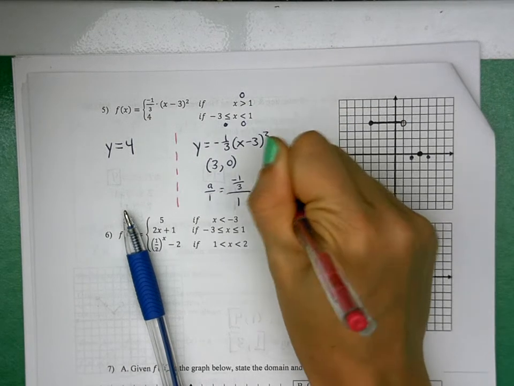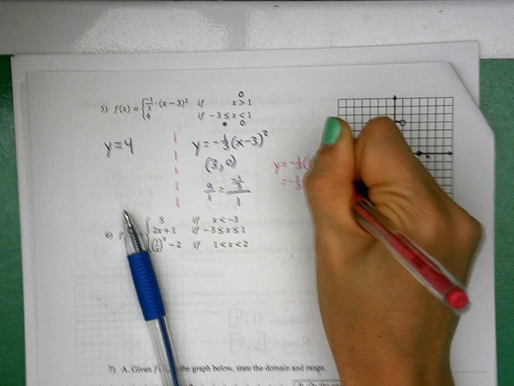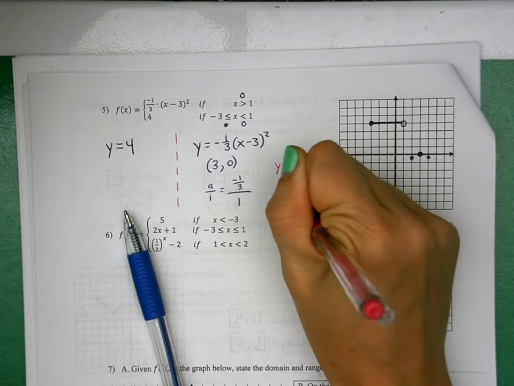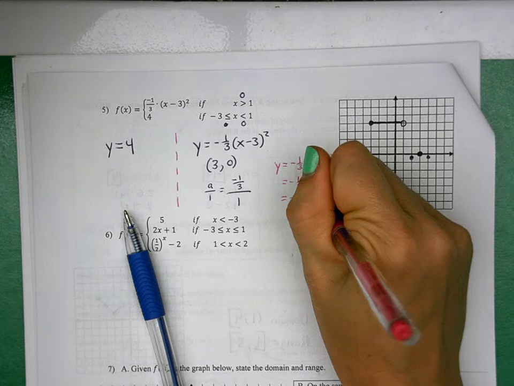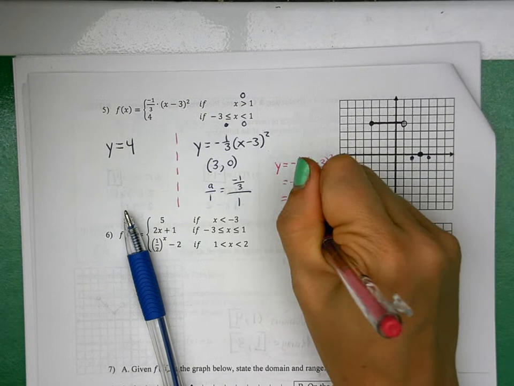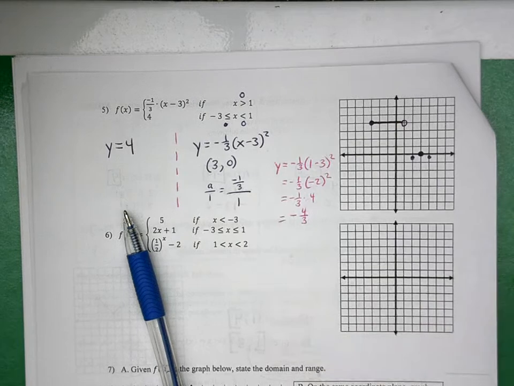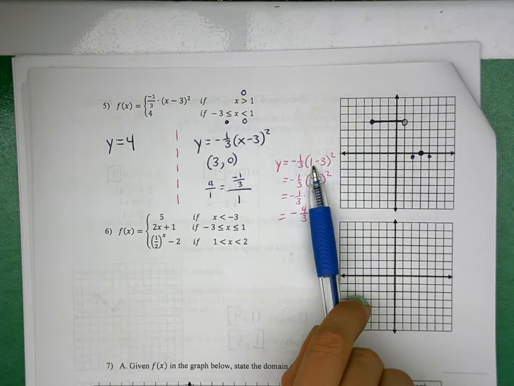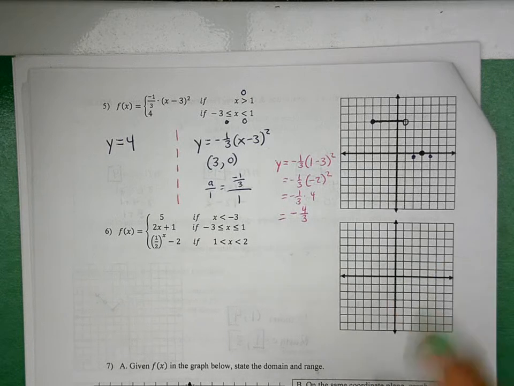Okay, we have 1 minus 3, which is negative 2. Negative 2 squared is 4, and negative 1/3 times 4 is negative 4/3. And so I know I'm going to have a hole at x equals 1, y equals negative 4/3.